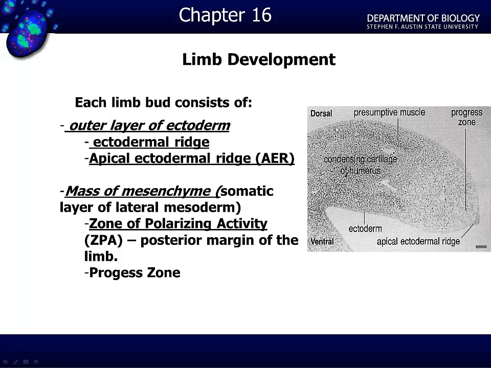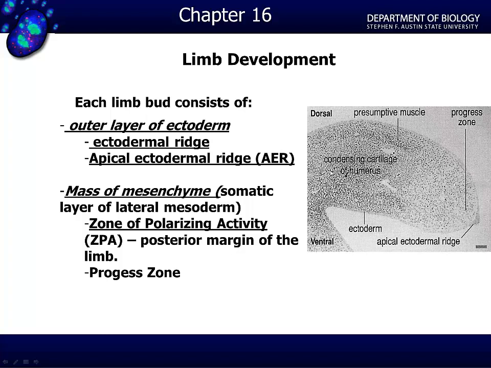We also, when we look at our mesoderm, this is going to be undifferentiated somatic mesoderm and lateral plate mesoderm. We can divide this into a couple of different regions. First, we have the mesoderm that is immediately adjacent to the apical ectodermal ridge, and this is going to be the progress zone. And then we also have this posterior margin.